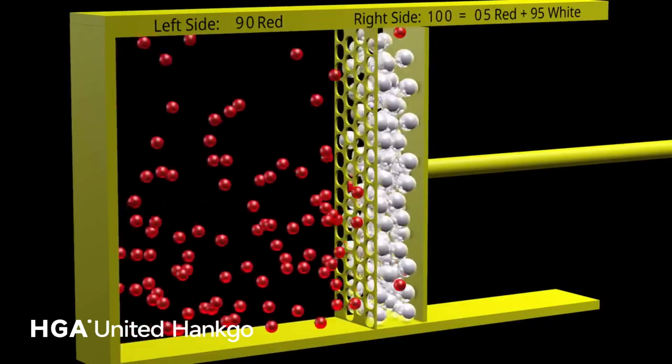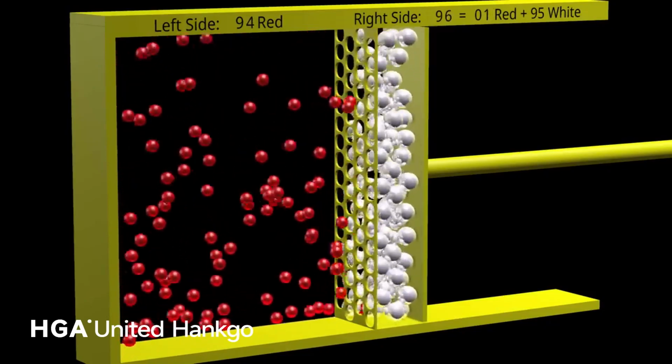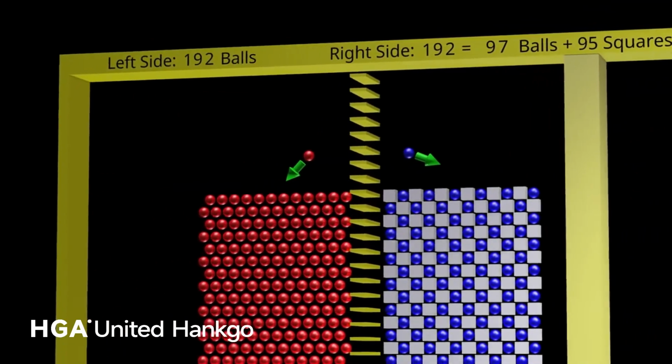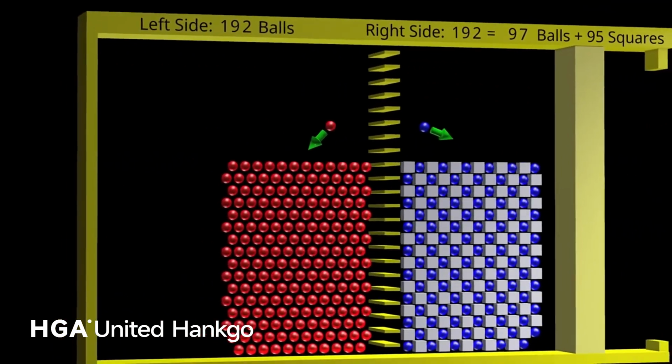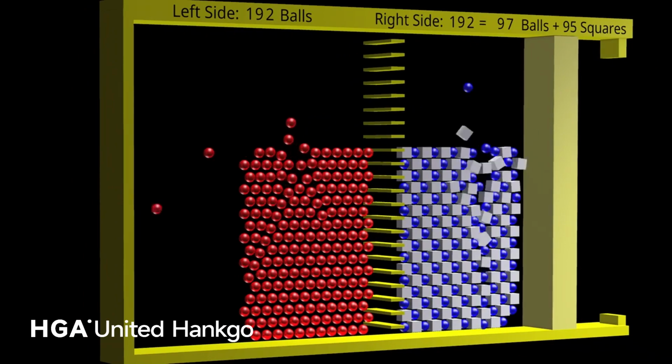Next, we will show reverse osmosis in a different way. In the next example, there will be 0 gravity. All the balls are able to pass through the membrane, but the square white particles are not. Initially, there is a net migration of balls from the left side to the right side.